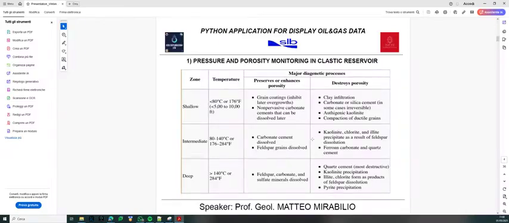Generally, we have this table that summarizes the diagenetic conditions in which we have the processes that involve the formation of gas in clastic reservoir. For example, in the shallow zone with temperature in this range, we have grain coating and non-pervasive carbonatic cementing, and in this situation we preserve the initial porosity.